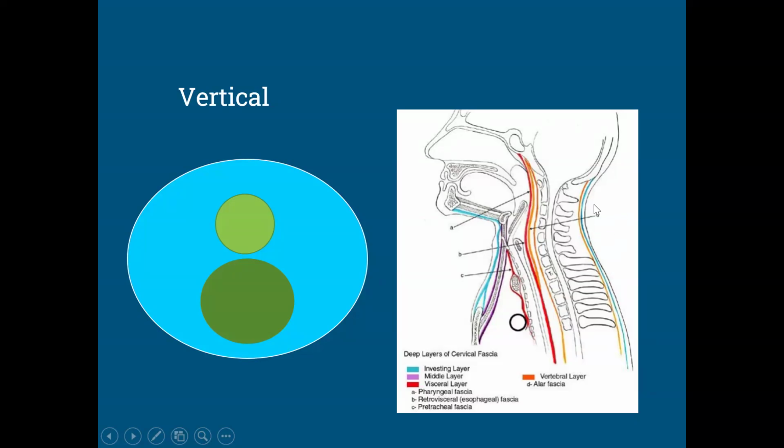This alar fascia is one of the fascia which divides the retropharyngeal space into the retropharyngeal space anteriorly and the danger space posteriorly, and we can see that this danger space extends inferiorly and communicates with the mediastinum. So this is just an orientation of how these fascia are aligned vertically.